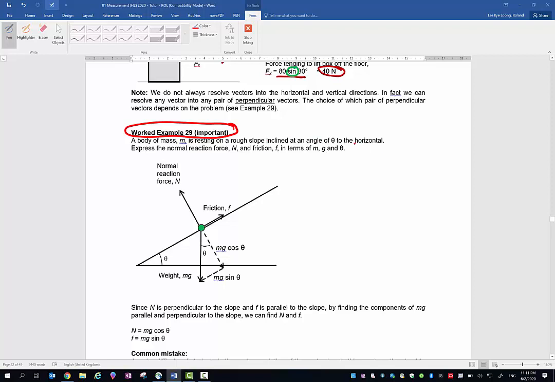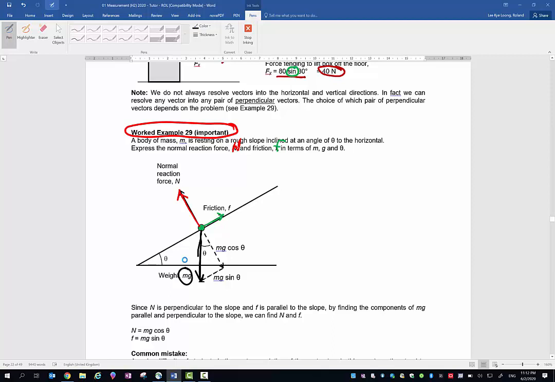So it has a normal reaction, N. Let's color the arrow red. And the friction F, in green. Now express the normal reaction N and friction F in terms of mg and theta. Now the thing is that we know that downward is equal to mg.